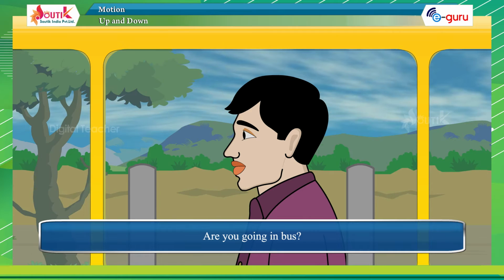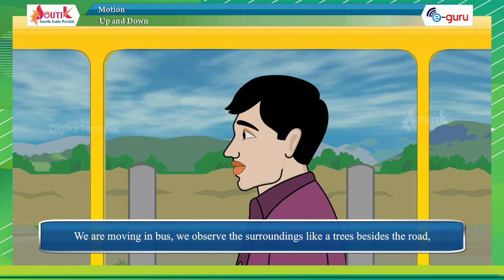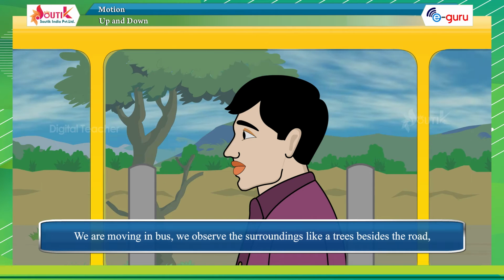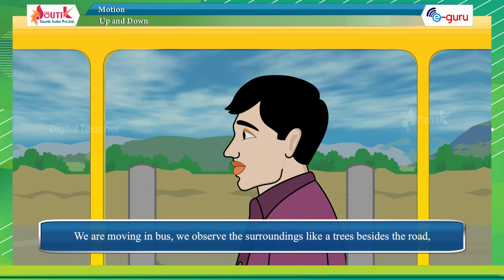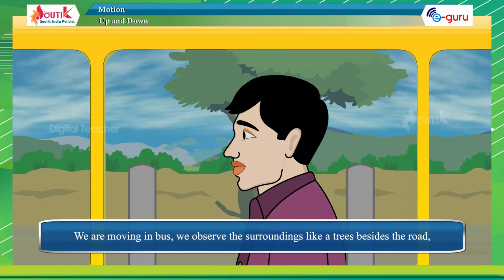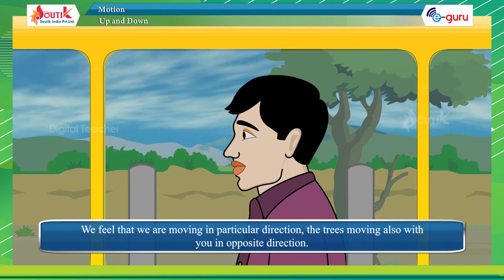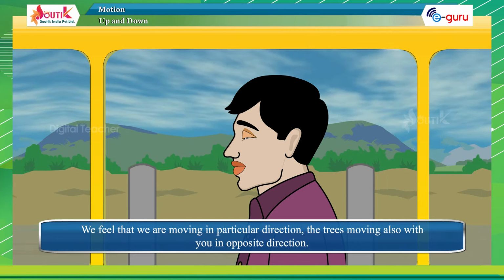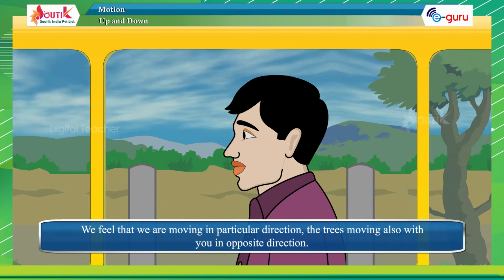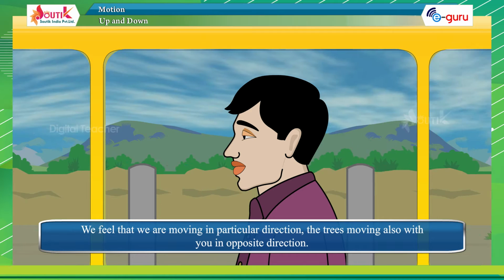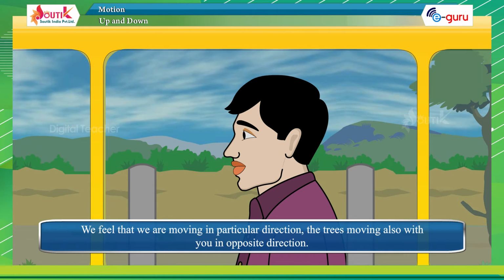Are you going in a bus? We are moving in a bus. We observe the surroundings, like trees beside the road. We feel that we are moving in a particular direction. The trees appear to move along with you in the opposite direction.